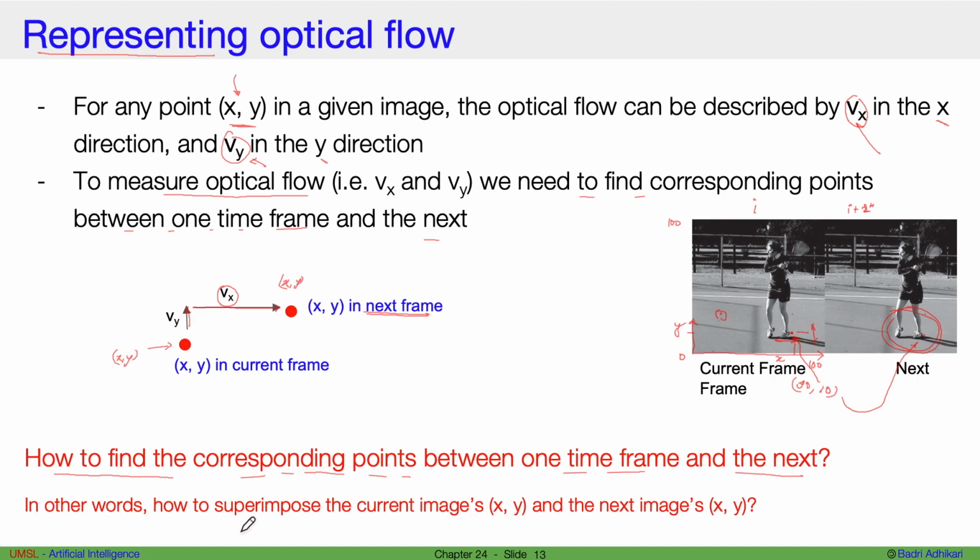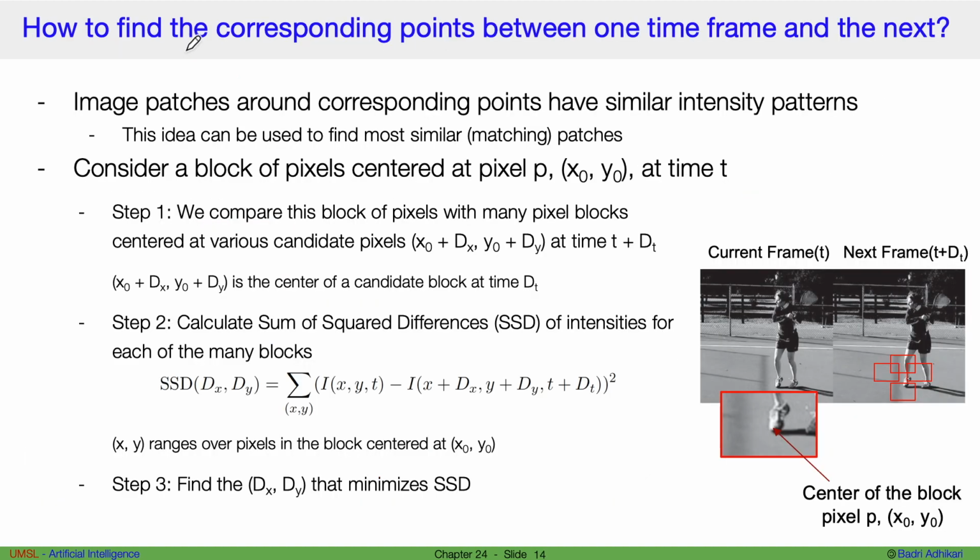Overall, the question is how to superimpose the current image's xy and the next image's xy. So how do I find a block of pixels in this image that matches a block of pixels in the next image? Now let's try to answer this.